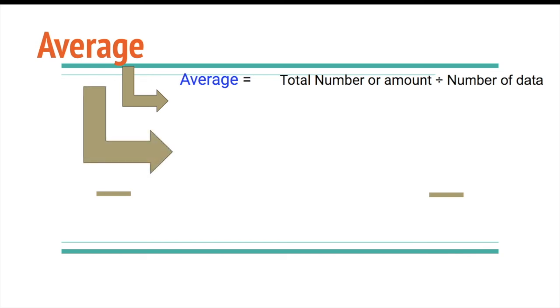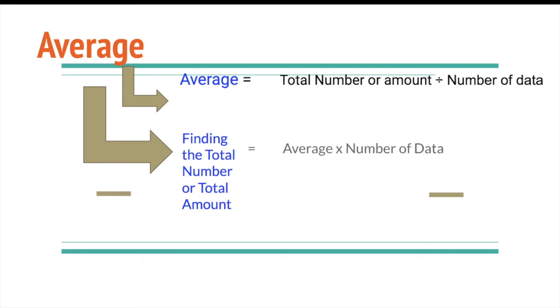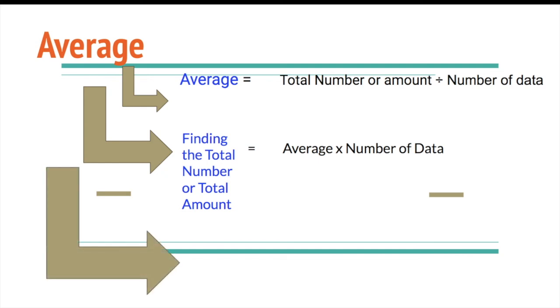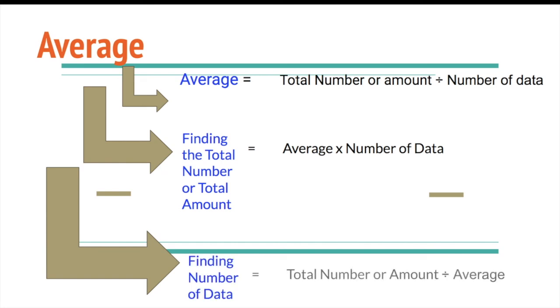We also studied a second type of word problem wherein we need to find the total number or total amount. In this case, we just have to use this formula: average times the number of data. And lastly, for the third type of word problem concerning average, this time we're looking for the number of data. And to get that, we just have to divide the total number or amount by the average.